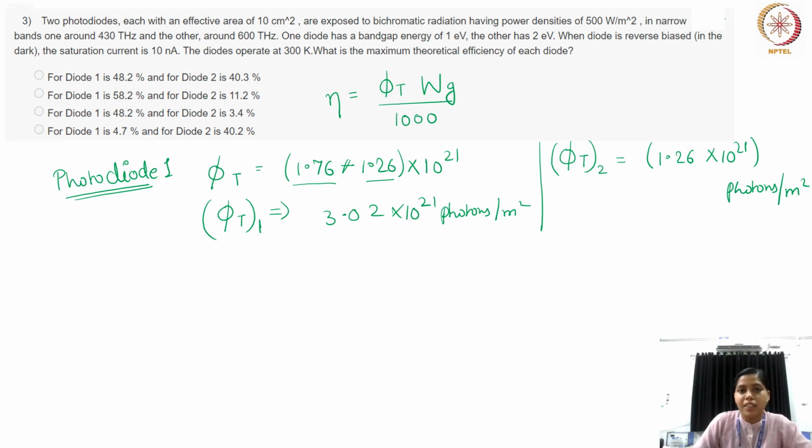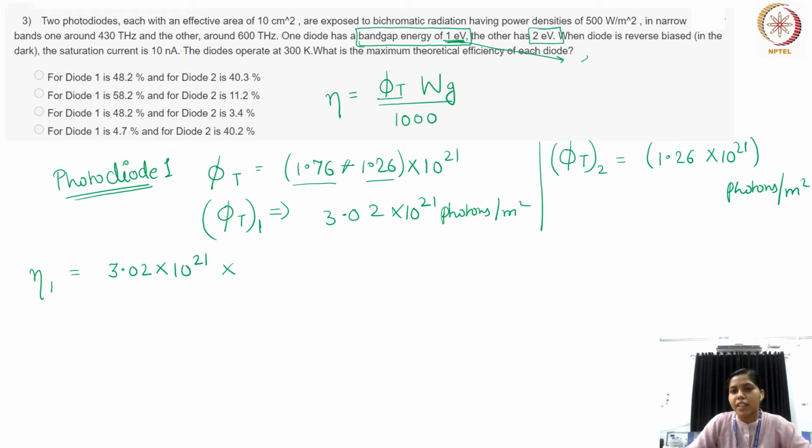So we have this value, and we are also having the band gap value of each photodiode. For the first one it is 1 electron volt, and for the second one it is 2 electron volt. So let's calculate the efficiency 1 for photodiode 1. That will be 3.02 multiplied by 10 raised to the power 21 times the band gap value of the first photodiode, that is 1 electron volt.